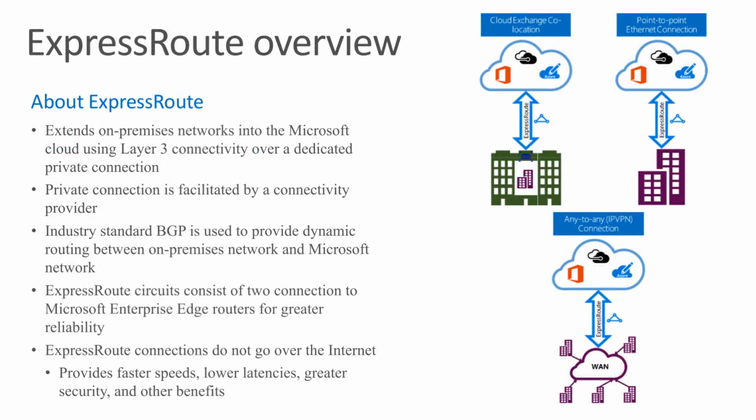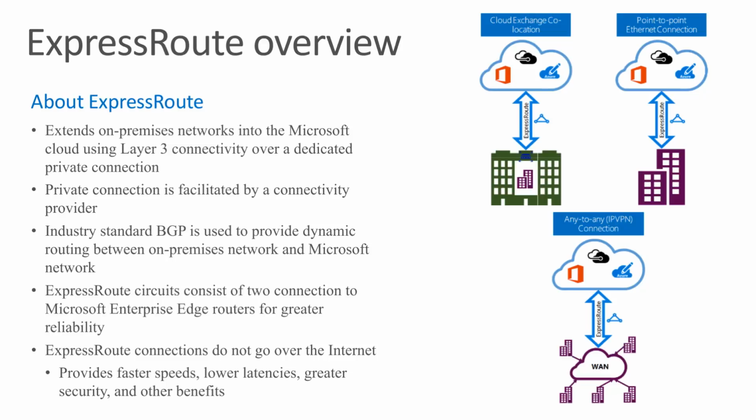Connecting your on-premises network to Azure can be done with a VPN, or if you need extremely fast connectivity, extremely low latency, you can use what's called Azure ExpressRoute. Now, Azure ExpressRoute is provided by certain partners, right?